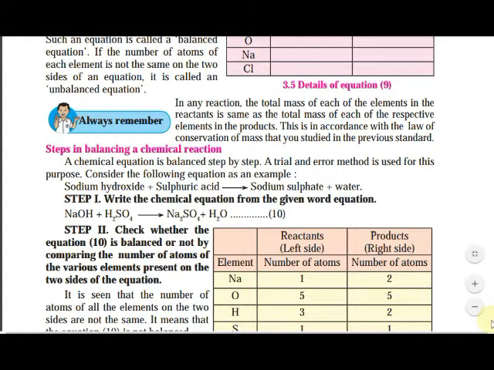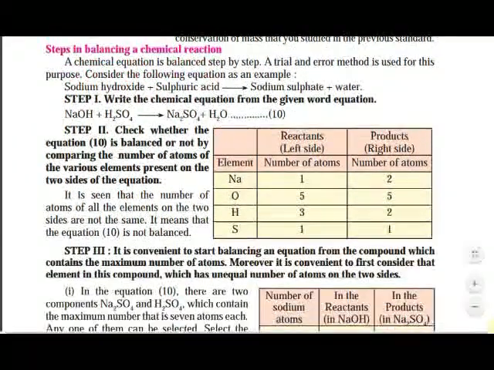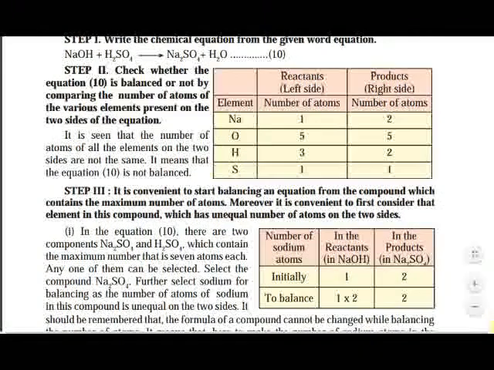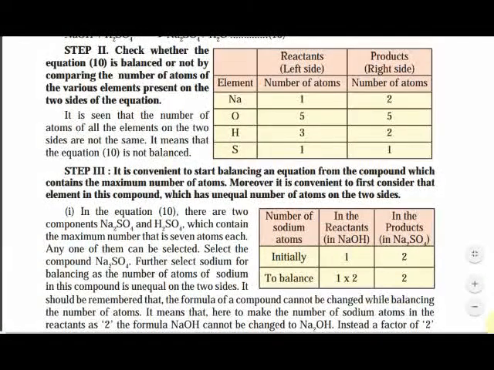Step 2. Check whether the equation is balanced or not by comparing the number of atoms of various elements present on the two sides of the equation. It is seen that the number of atoms of the elements on the two sides are not the same.